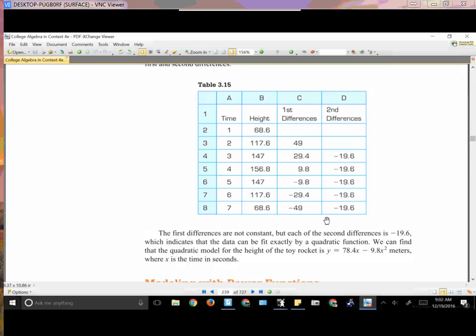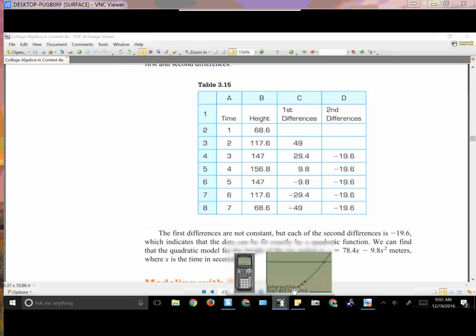Now, depending upon how much data you got, you're going to have to plot it anyways. But there are times when you take a look at the graph or the plot that you've made, and you can't distinguish between whether it is a line or a curve.